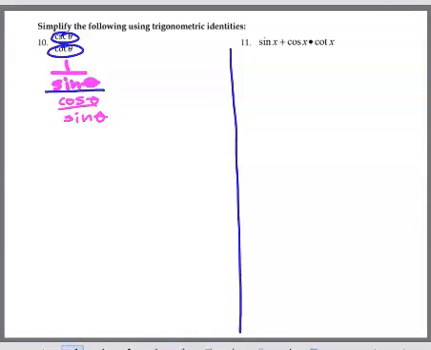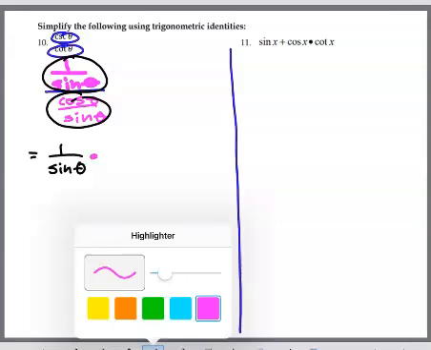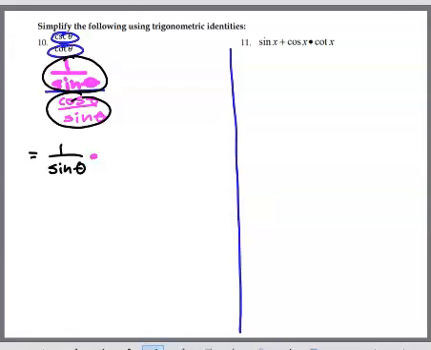So I think what I'll do is, if I take this top fraction divided by the bottom fraction, that is the same as multiplying by the reciprocal. So the reciprocal of cos over sin is sin over cos, right? So we just took this bottom fraction and we flipped it.